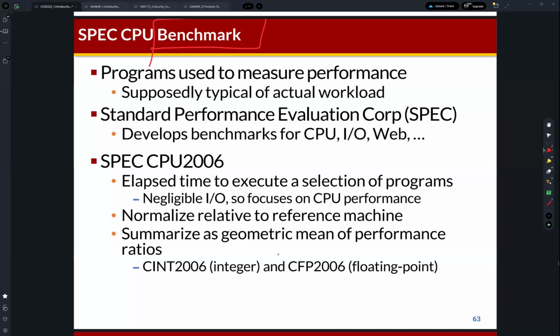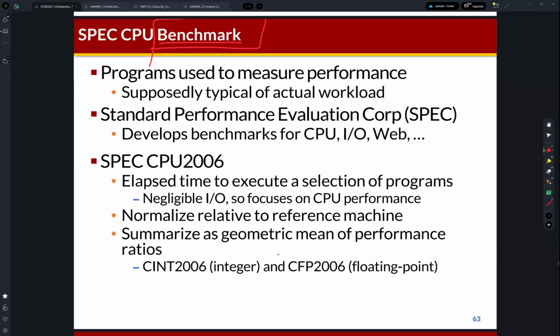So then we need to select the representative applications for measuring the performance of a CPU. And then these applications are called benchmarks, okay? So benchmarks, and a set of these benchmarks is called a benchmark suite. Okay, so there are many benchmark suites.